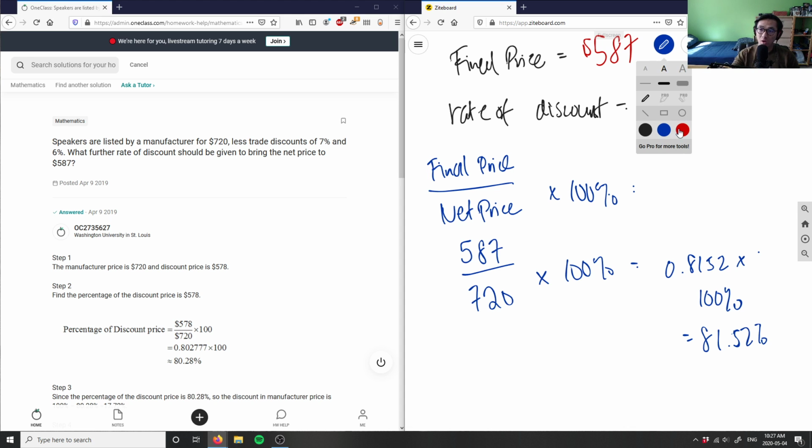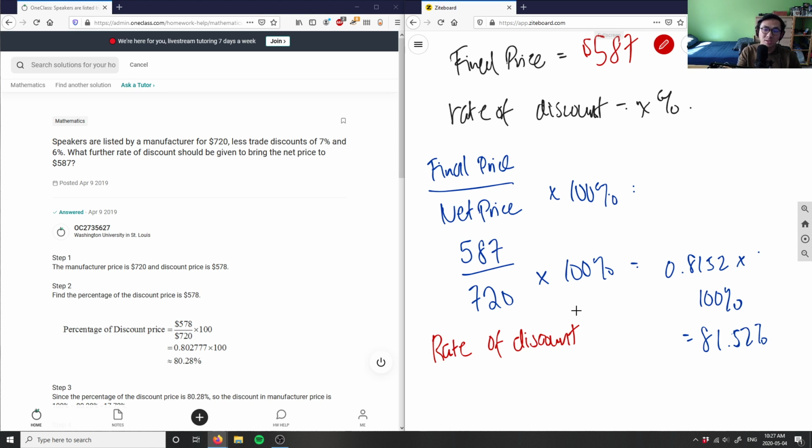So if I want to find the rate of discount, the rate of discount is simply the percentage that is not included in this 81.52. So I can say rate of discount equals 100% minus 81.52%, which equals how much I'm taking off the net price. 100 minus 81.52 gives me 18.48%.